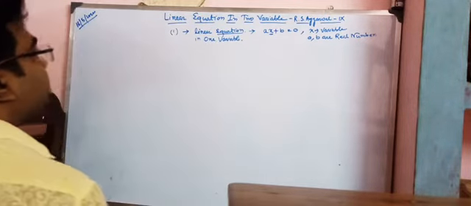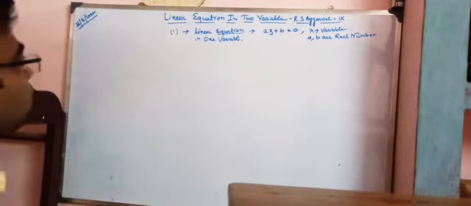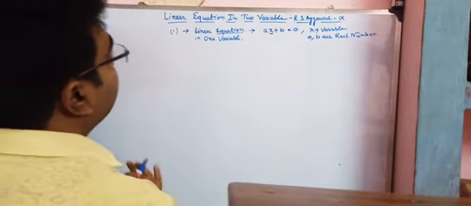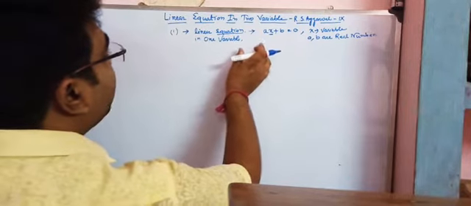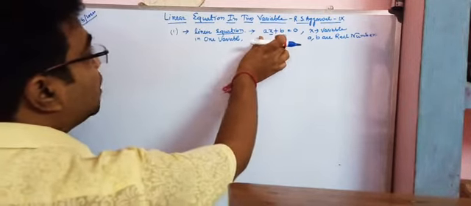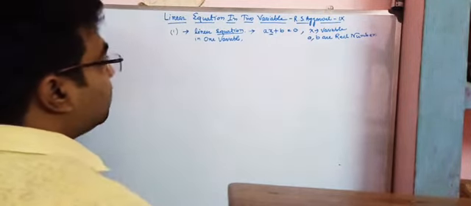You understood? Now, to form a linear equation of two variables, what do we have to do? We have to combine two variables in this form. So that is called a linear equation of two variables. Now, come to our main topic, linear equation in two variable.